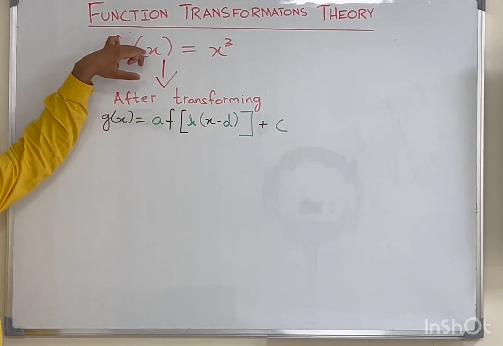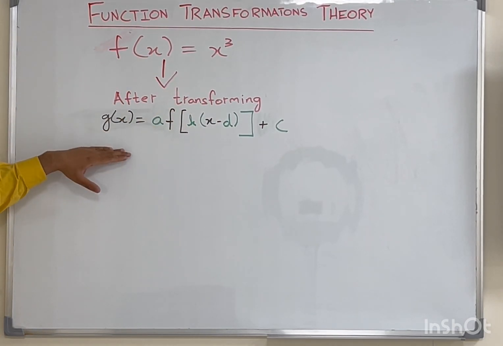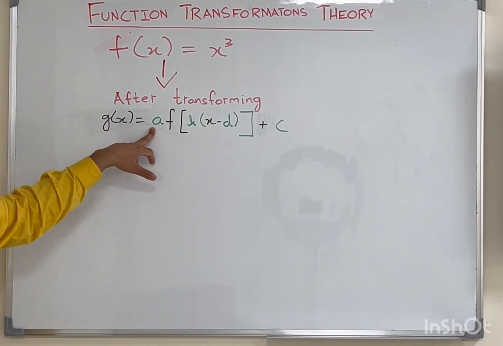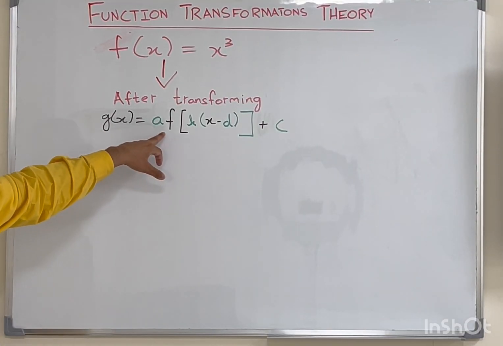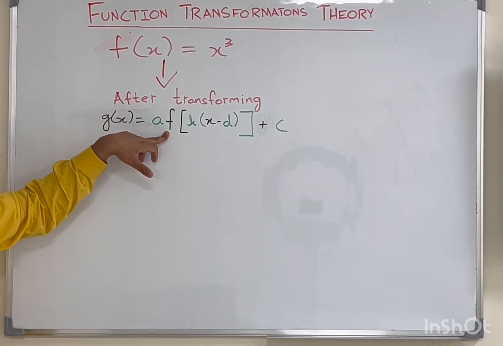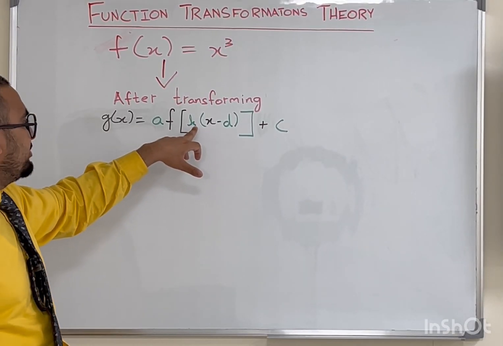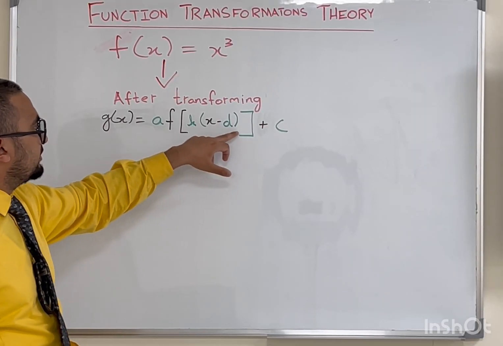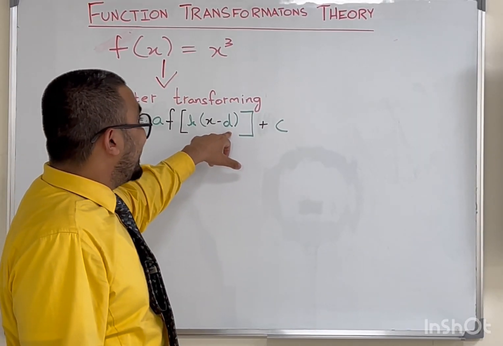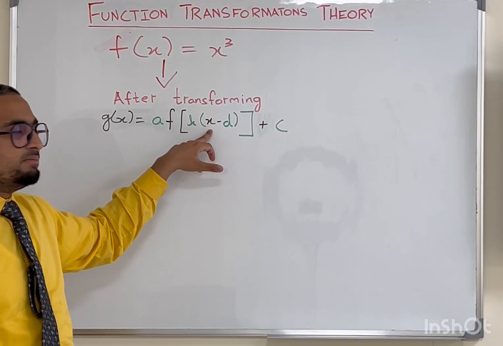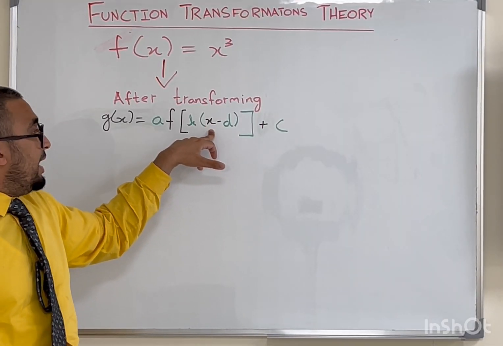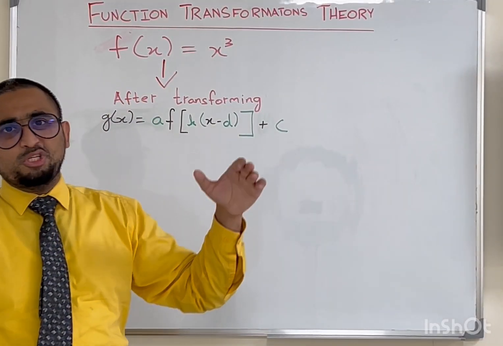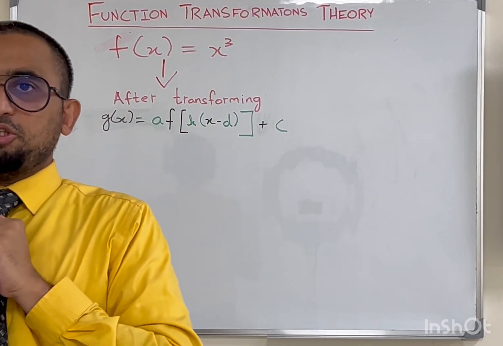After transformation, let's say we have g of x is equal to a, the parameter a, being multiplied by the output, and then we have the parameter k, which is multiplied by the input. We have the parameter d subtracted from the input, and we have the parameter c, which is added to the output of the function.